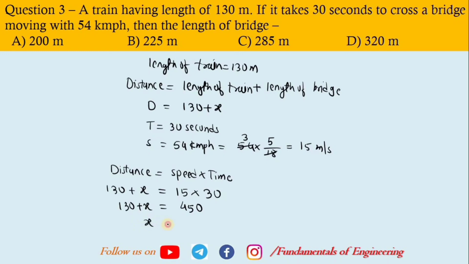So x will be 450 minus 130. So the missing x, which is nothing but the length of the bridge, we get 5 minus 3 is 2, 4 minus 1 is 3. So the length of the bridge will be 320 meters.